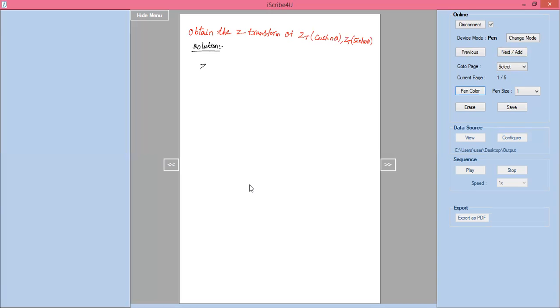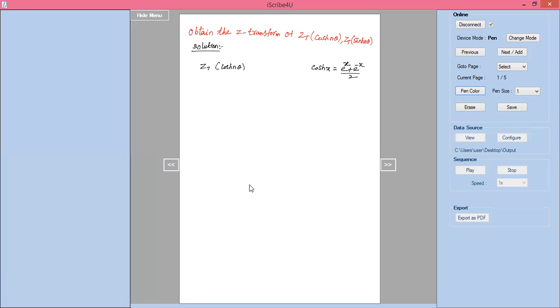Z transform of cos h n theta. Here we know that cos hx, hyperbolic, is nothing but e power x plus e power minus x divided by 2.